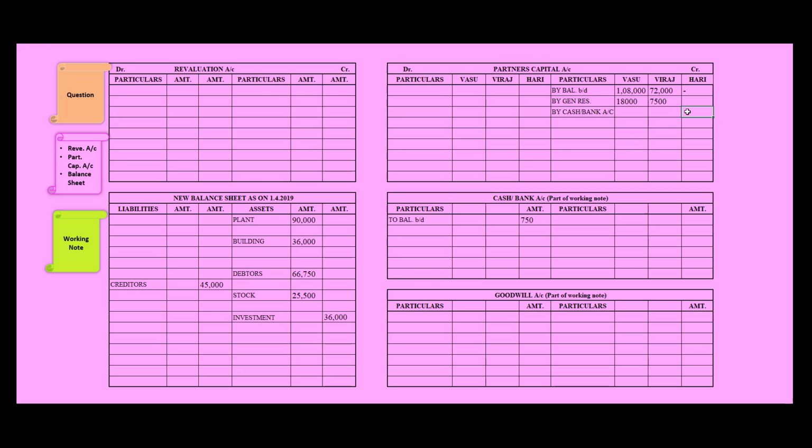So I'll write here 60,000 first effect, and second effect will go to cash or bank account debit side to Hari's capital. Okay, 60,000 over two effects.